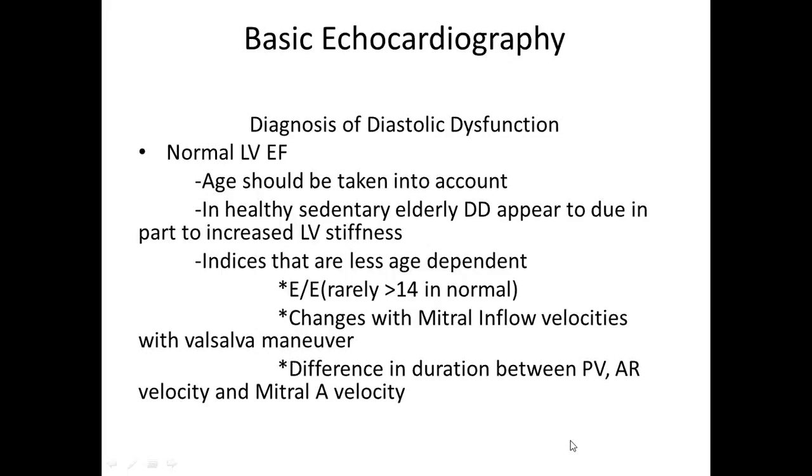If your lateral E/E prime ratio is greater than 13, it suggests elevated left atrial pressure. If the average E/E prime ratio is greater than 14, that suggests elevated left atrial pressure. And if the medial is greater than 15, it suggests elevated left atrial pressure. So a very high E/E prime ratio suggests that the left atrial pressure is elevated.